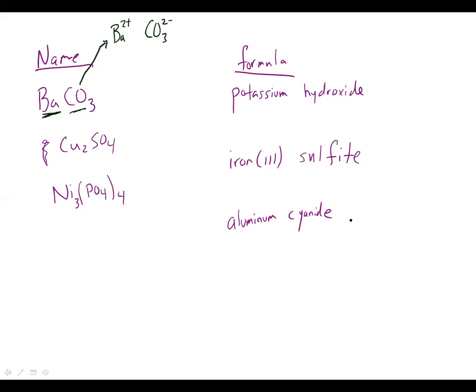When we look at those charges, our cation here is our barium, our anion is our carbonate, +2, -2, which is why we just need one of each of them in the formula. Because barium is type 1, it does not need a Roman numeral because it has a fixed charge. So this would be barium. And then for the polyatomic ion here, we just use the whole name from that table, which would be carbonate. Any questions on that one there?